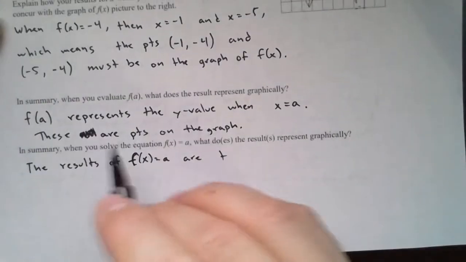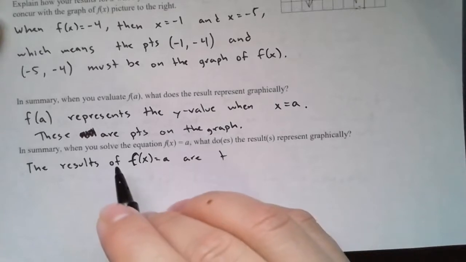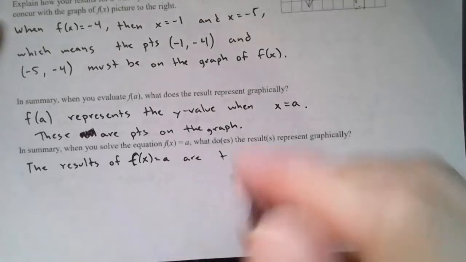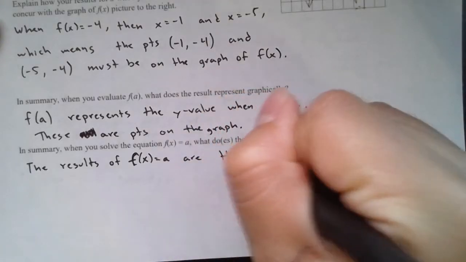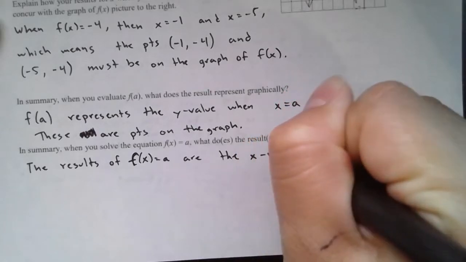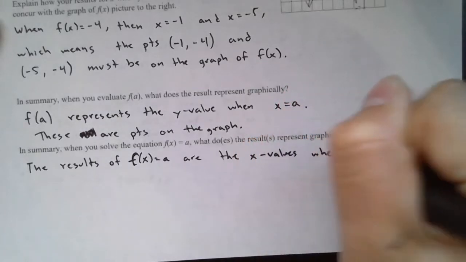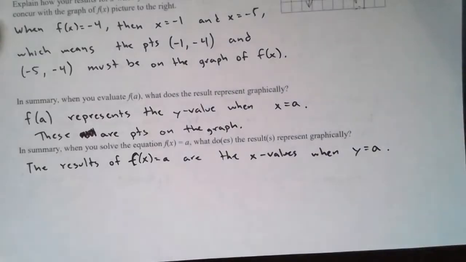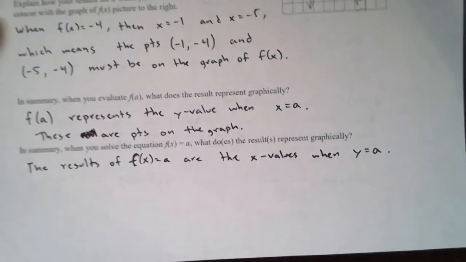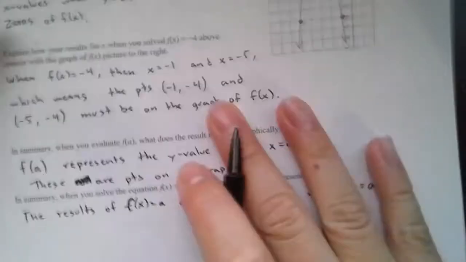So the results of f of x equal to a are the x values when y is equal to a. Okay, so it's like working backwards. Okay, so one more page, I believe.